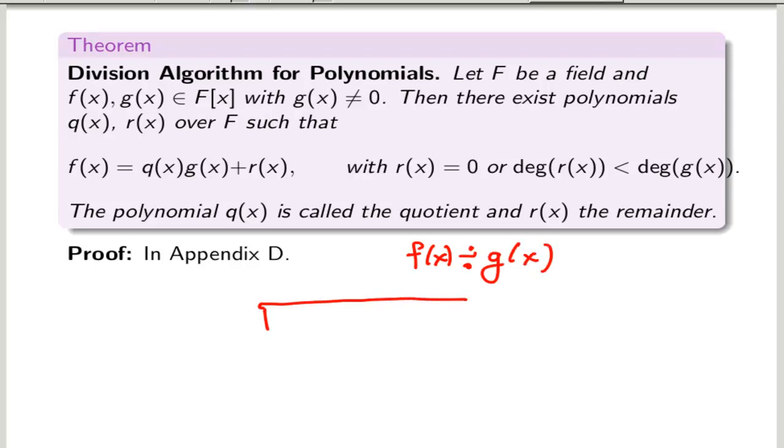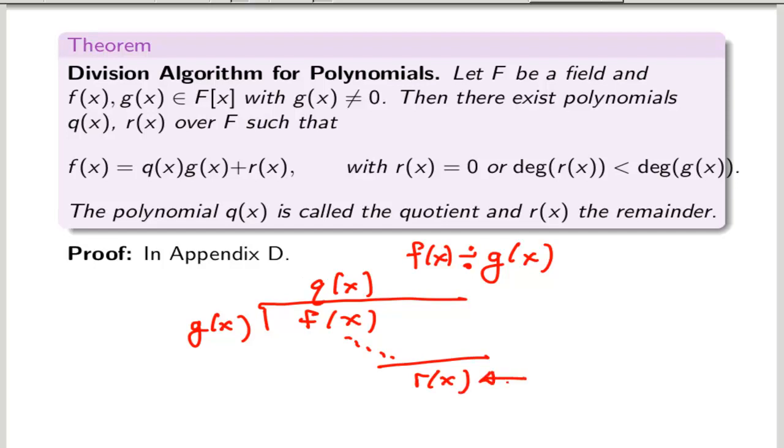We take f(x), put it under a bracket, we put the divisor g(x) over here, go through our long division, and up on top we'll have a quotient, and we have a remainder. And the stipulation is you keep doing the process until the remainder has degree smaller than the divisor.